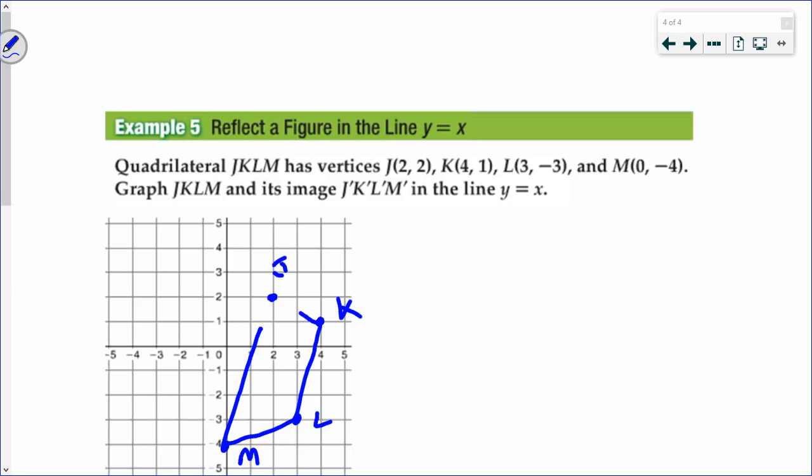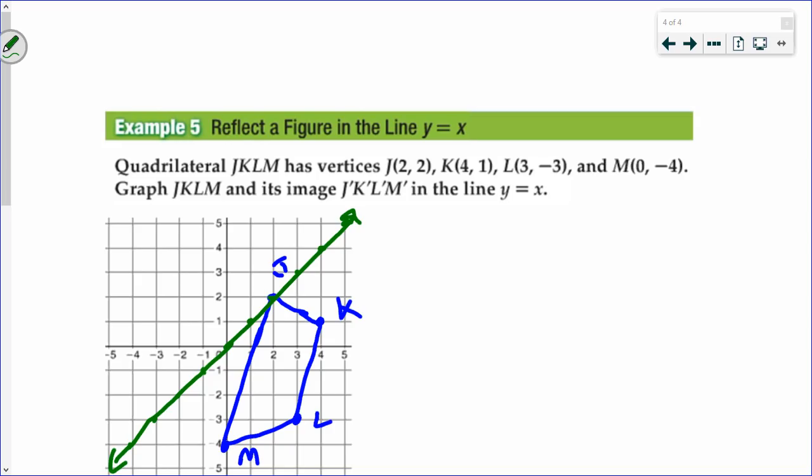There's point J at (2, 2). Let me try to graph this line a little better here. Looks a little better, a little straighter line there.